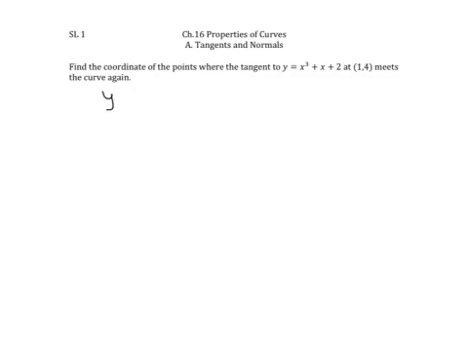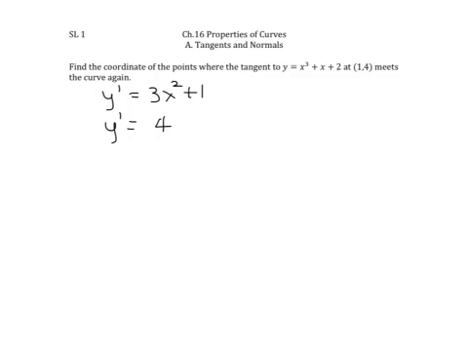First, we need to find the derivative of y, so we have 3x squared plus 1. What is the slope at x equal to 1? That's just plugging in the 1, right? We get 3 times 1 plus 1, that's 4.